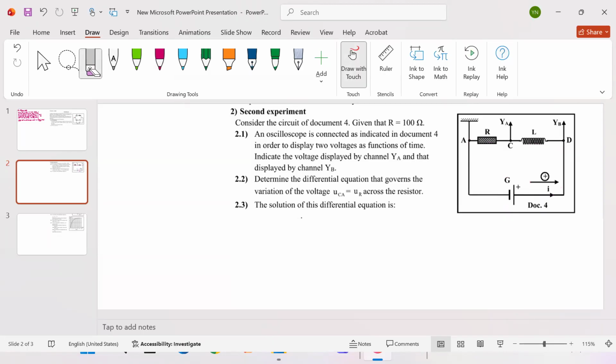Now, as they said in 2.1, an oscilloscope is connected as indicated in document 4 in order to display two voltages as function of time. Indicate the voltage displayed by channel YA and the one displayed by channel YB. Obviously, this is what I said.